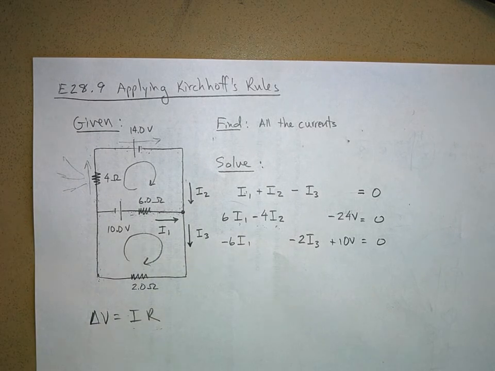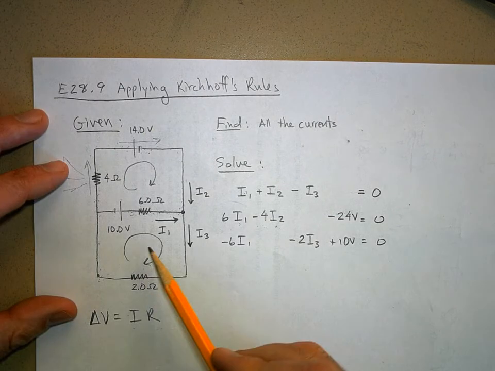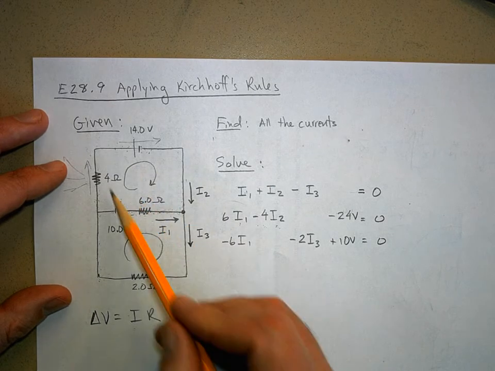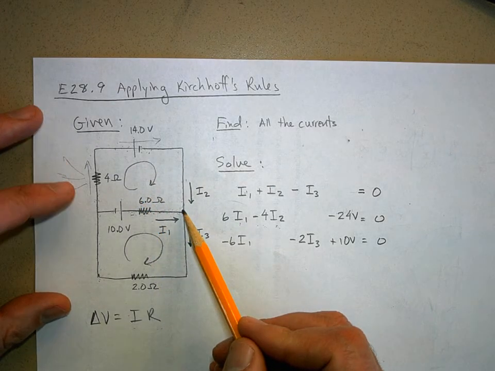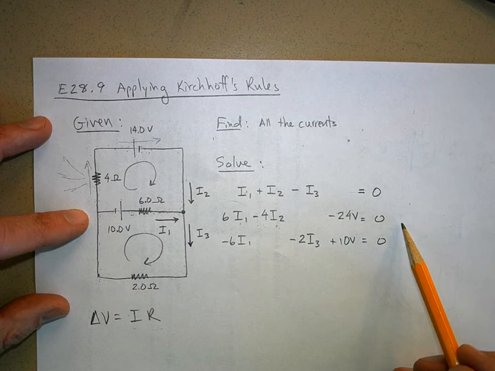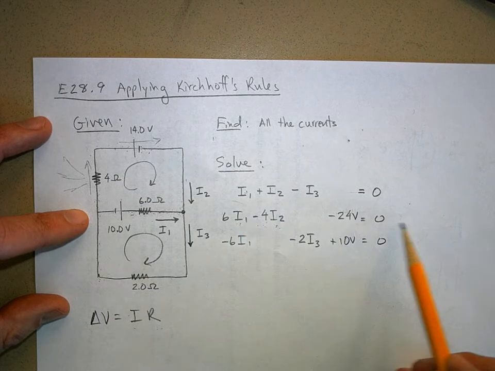So if we had chosen to go counterclockwise on this one, would I2 No. On the top, no. If we had gone counterclockwise instead, this equation would be exactly the same if you multiply everything by -1.